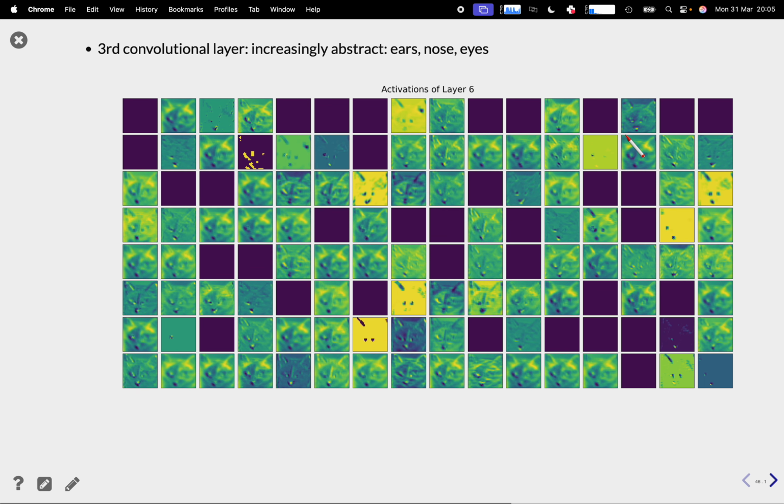Layer 5, layer 6, the third convolutional layer. So here again, the resolution gets smaller. We again see some filters responding very particularly to eyes or ears. Yeah, some of them just pass information through.